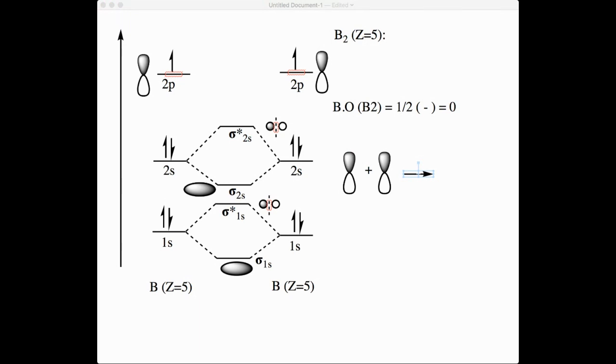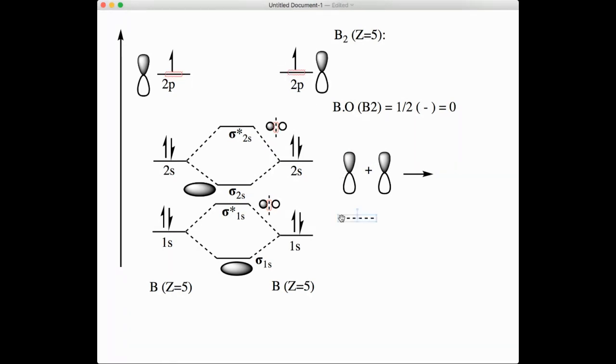I'm going to type it on the chat. How many nodal planes are there in a p orbital? That is correct. There is one nodal plane, guys, right here. In every p orbital there is a nodal plane, a plane with zero electron density.